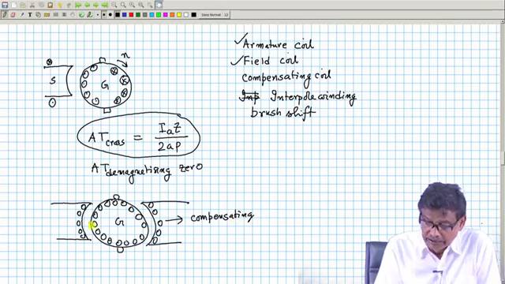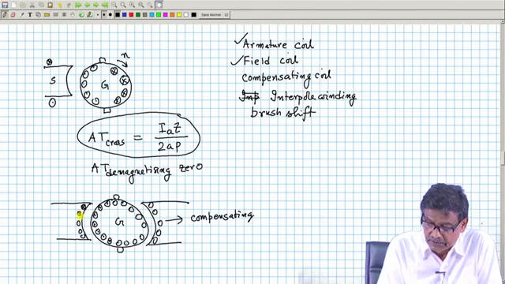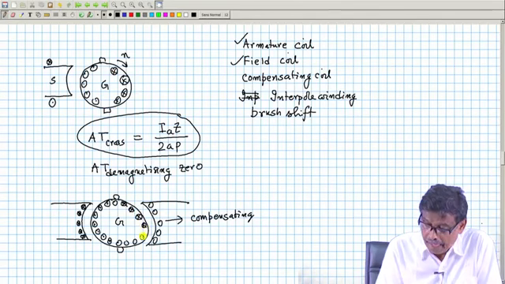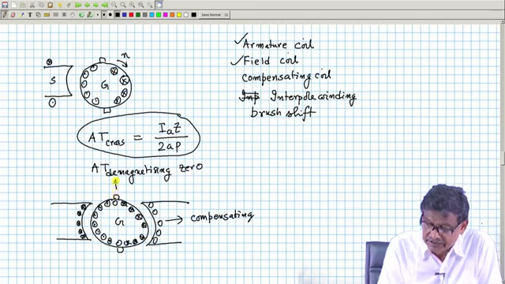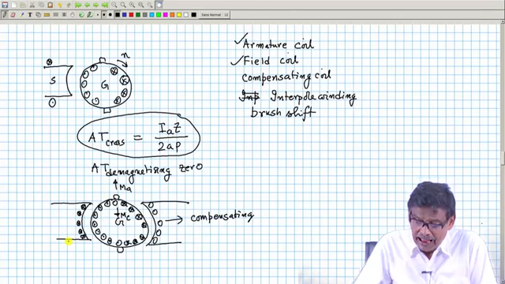Because the compensating coil will produce flux along the q axis. So, this is cross, and I must connect this coil such that this becomes cross. The armature field is in this direction, and the compensating field, you see, is in the opposite direction, is it not? The compensating field MC.